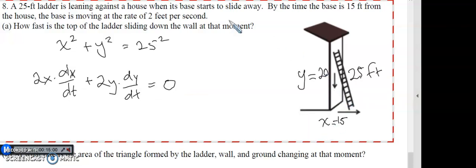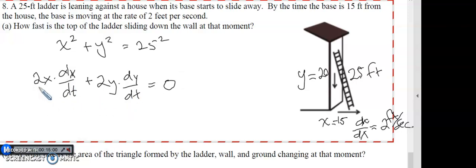Okay. Now the rate, it says the base is moving at a rate of 2 feet per second. So the base is moving, so dx/dt is equal to 2 feet per second. Okay. So then now you're just going to plug in the values.